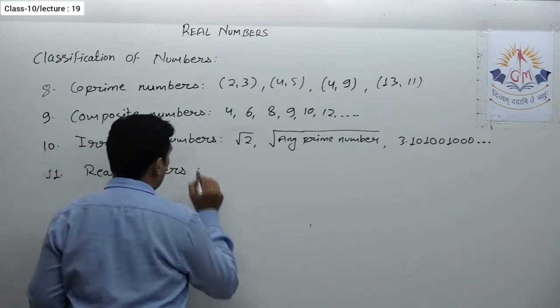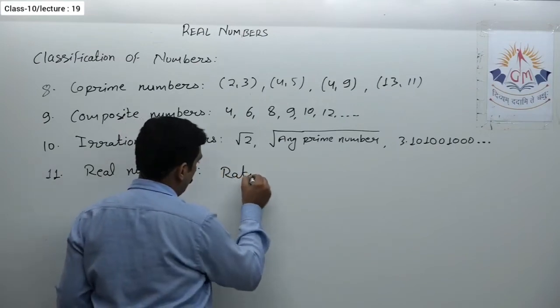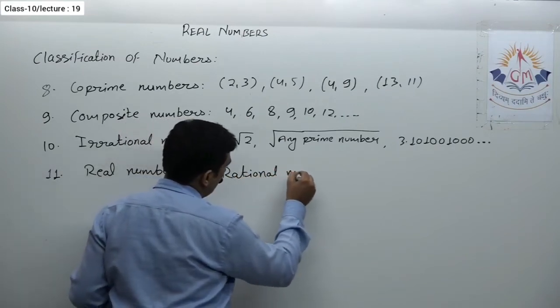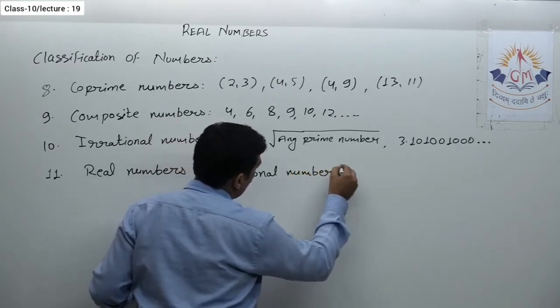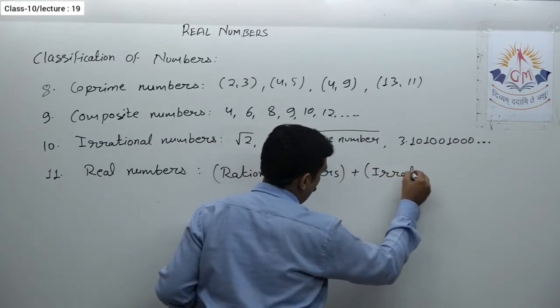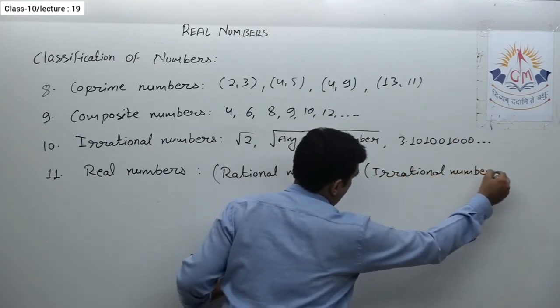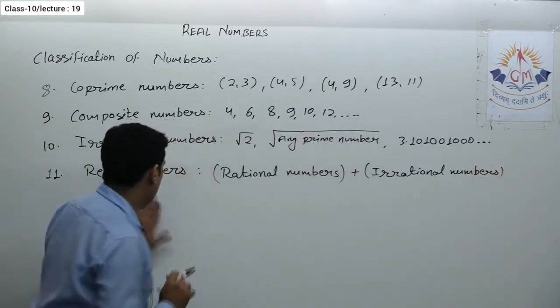So we can say real numbers are the collection of rational numbers plus irrational numbers. This is called the real numbers.